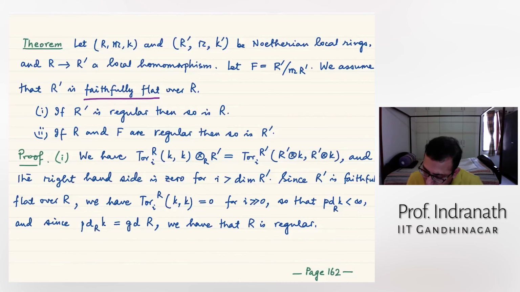And the faithfully flat condition gives you this. Now this is where I am using faithfully flat. So the projective dimension is finite, but assuming that R is regular local, the projective dimension of K over R is the global dimension, and that shows that the global dimension of R dash is also going to be finite, and therefore you have, just a minute.